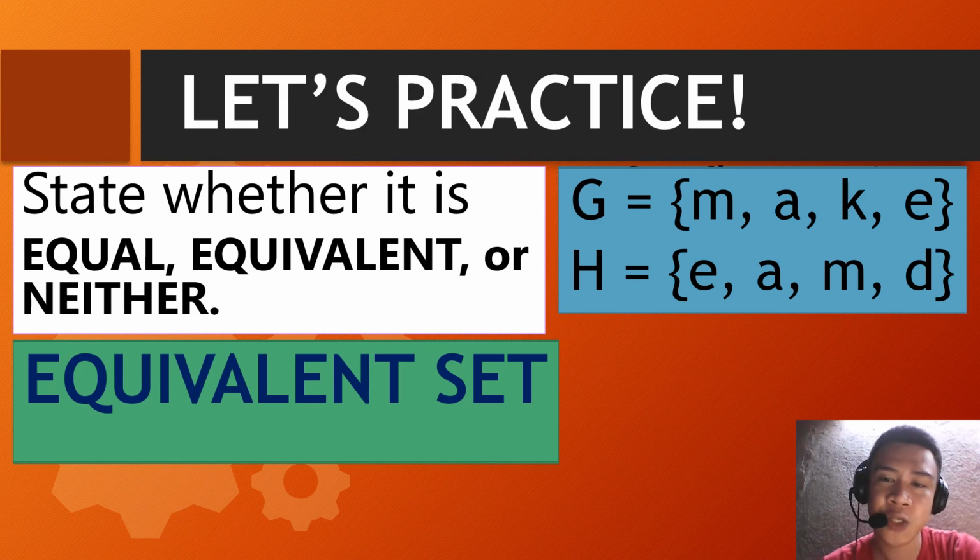Next, set G is equal to M, A, K, E, and set H is equal to E, A, M, D. What is your answer? Go.